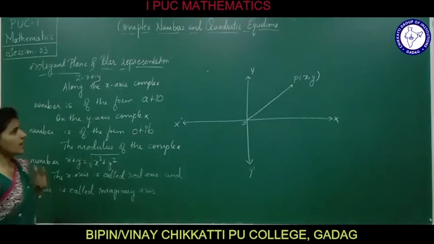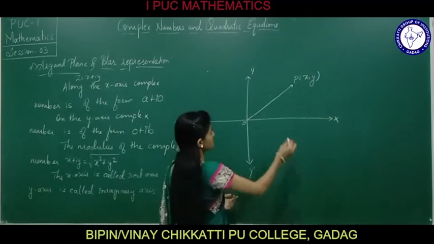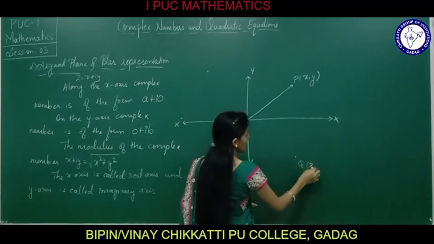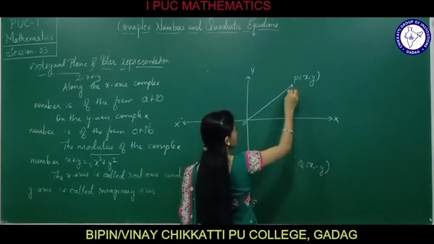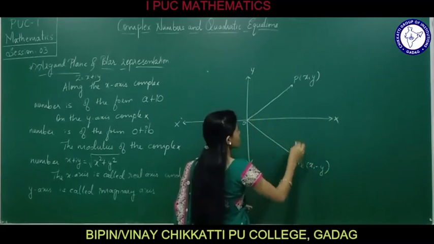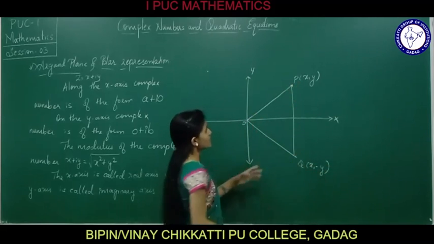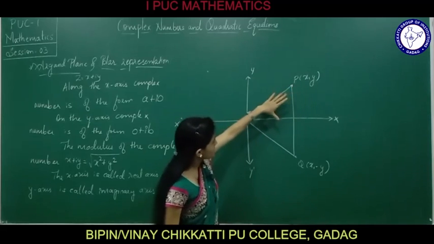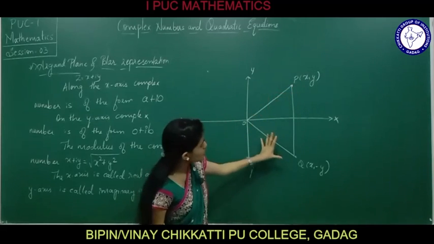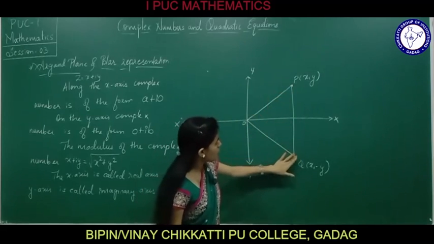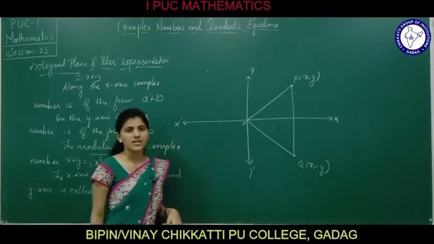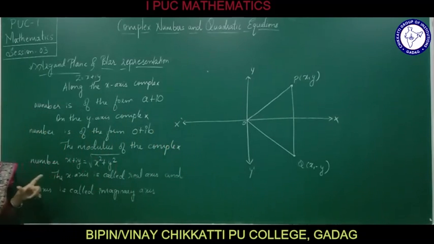Then I want to represent the points, so how am I going to represent them? P of x comma y and Q of x comma minus y. Here what is going to happen is, OP and OQ, OQ is exactly the mirror image of OP. Here OQ has become the mirror image of OP.